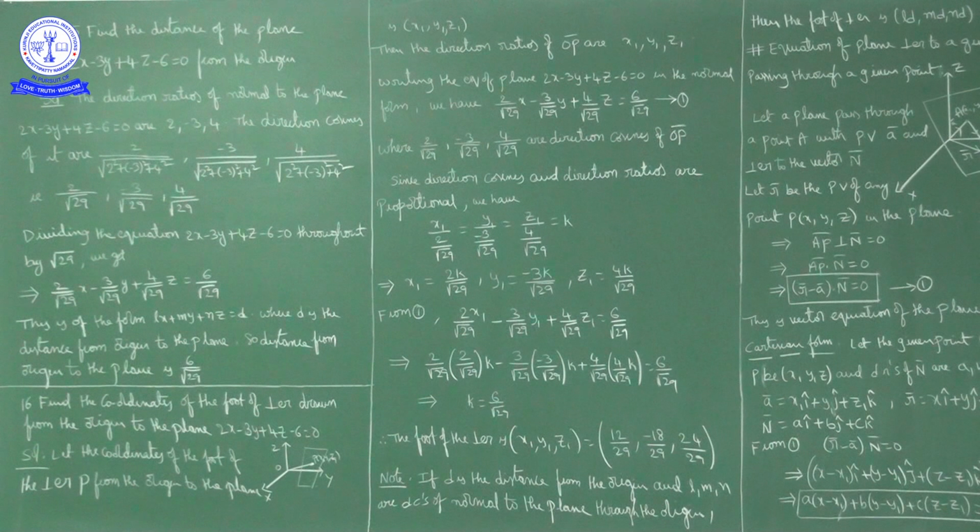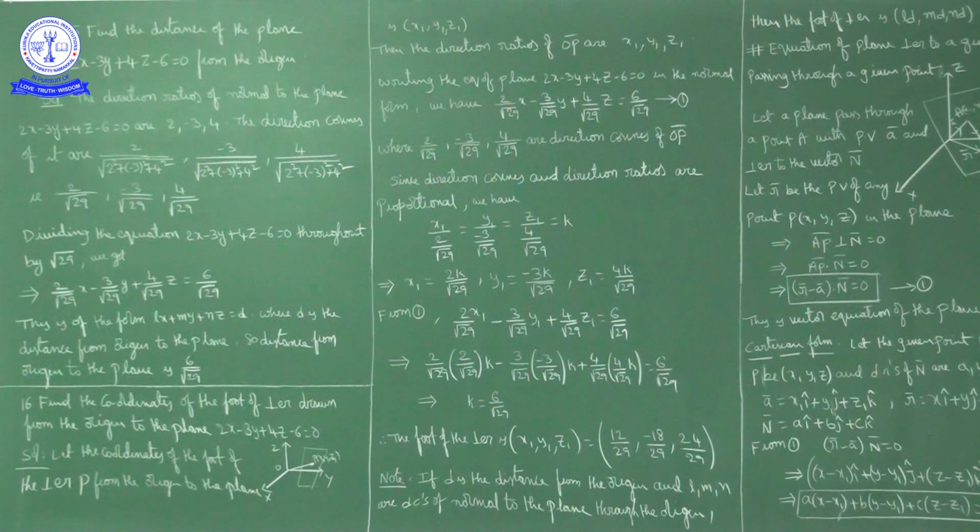In the plane equation ax plus by plus cz is equal to d, a, b, c are direction ratios of normal to the plane. So what we'll do is write this given plane equation in the form lx plus my plus nz is equal to d.